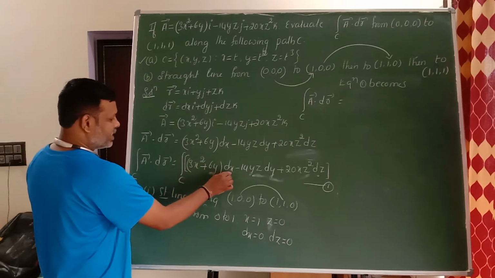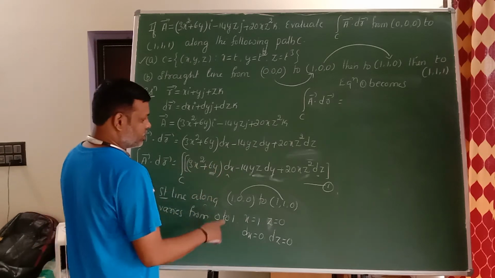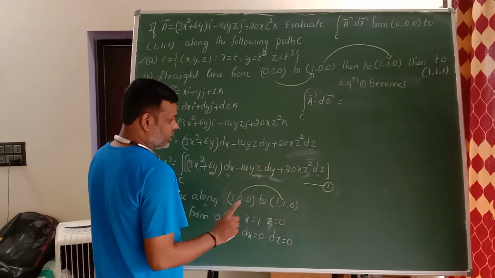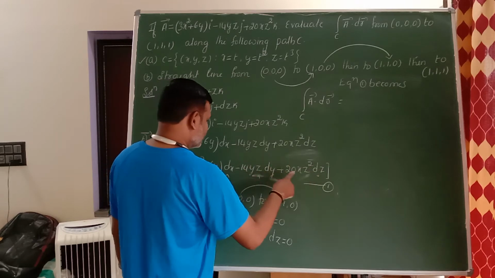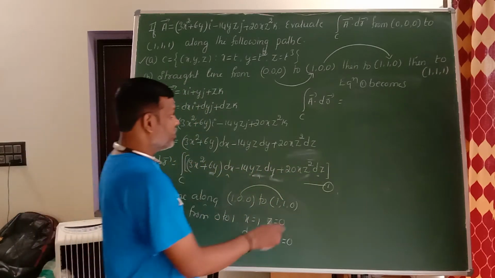What happens to dx? dx is 0. When dx is 0, the entire quantity becomes 0. Here also 14yz, z is 0, so this entire quantity becomes 0. The remaining thing is what? Here also dz is 0. This quantity remains 0. So the entire thing becomes 0.